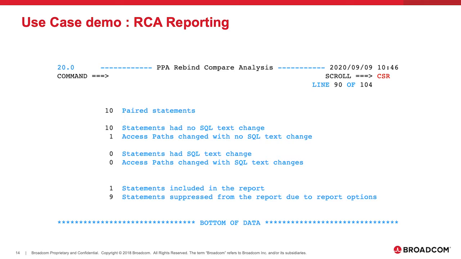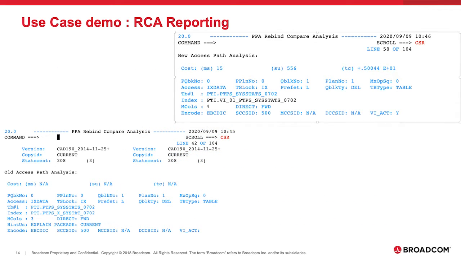It means that the access path changed because the physical design changed. Plan Analyzer also shows you the details about this information: the SQL, packages, plan, SQL statement number, and the access path.